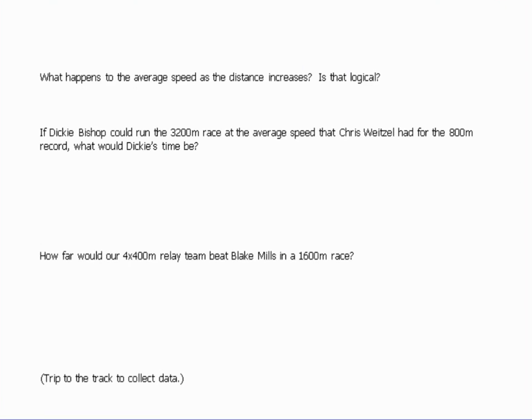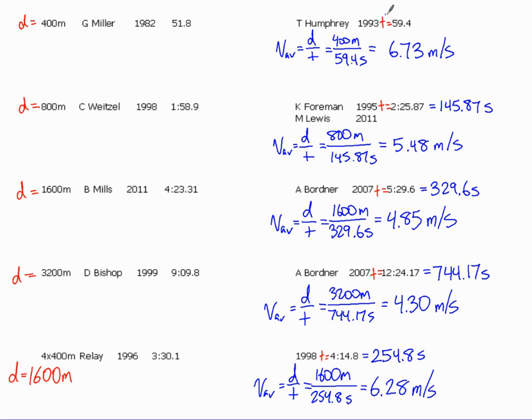Some questions here. What happens to the average speed, as V average, as the distance increases? Let's take a look back. We have the shortest distances at the top, slightly longer distance, longer distance, longer distance.